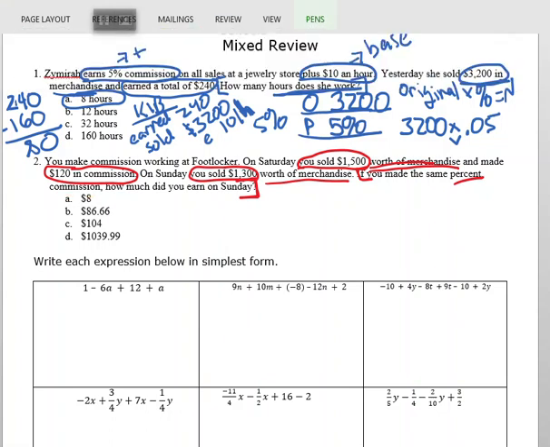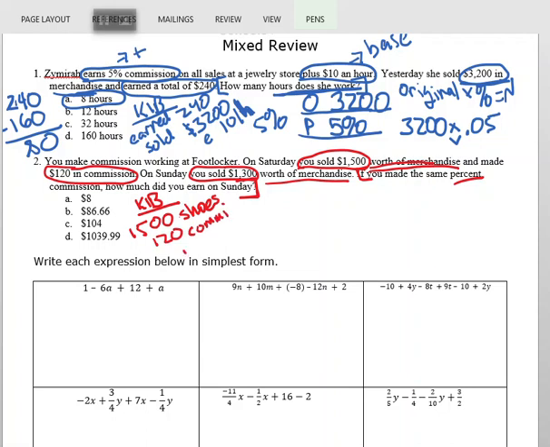All right, so here, what is the key information that I have in this problem? I know that I work on commission. I don't know what that commission percentage is, but I know that I sold $1,500 worth of shoes, and that gave me $120 commission.